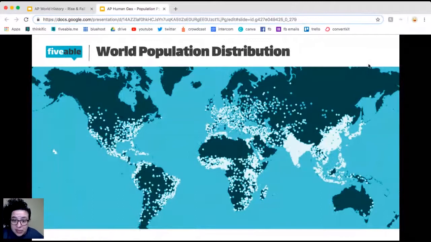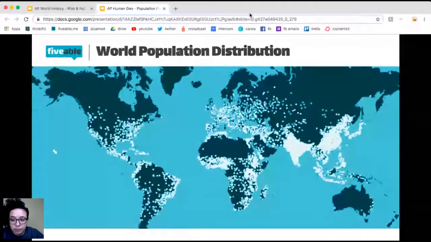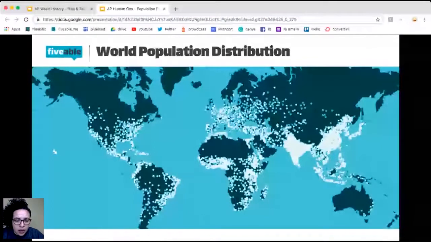So people tend to live in climates that are hospitable. You don't want to live in a place that's too hot like the desert or too cold like the tundra, like the Arctic. You can also see in the desert in Australia that most people in Australia live on the coast. That's one thing to keep in mind.